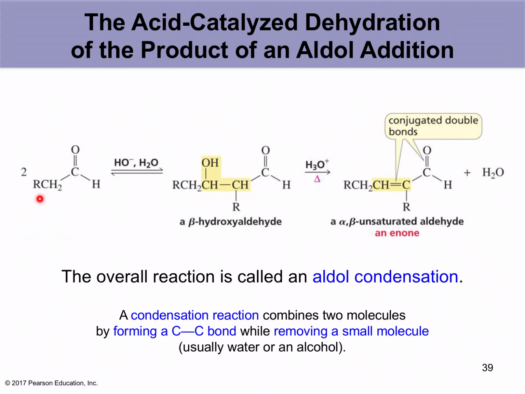Now let's say we have two molecules of this aldehyde. In the presence of a base, you do the aldol condensation. So now you know what's going to happen. The alpha carbon of one molecule is going to connect to the carbonyl carbon of the other molecule.